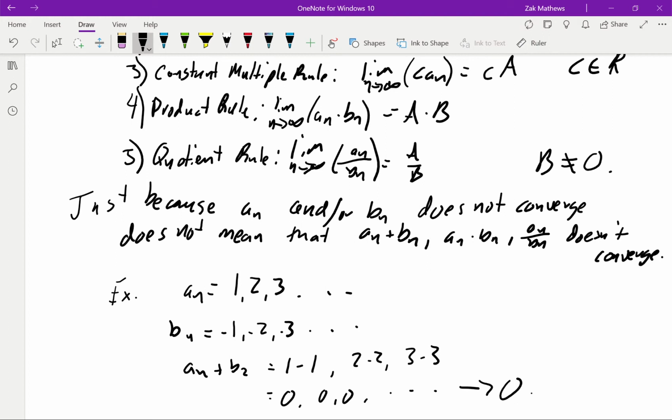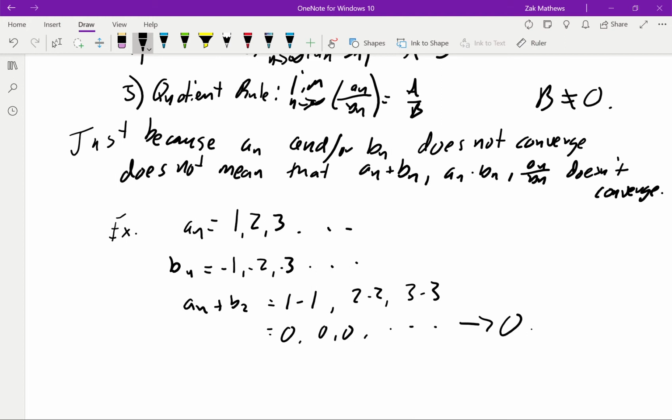That's not to say that every single time we have a series diverging to infinity and one to negative infinity that they will converge. That could be true for something like a_n is equal to 15, 100, 1 million. I got my comma in the wrong spot.